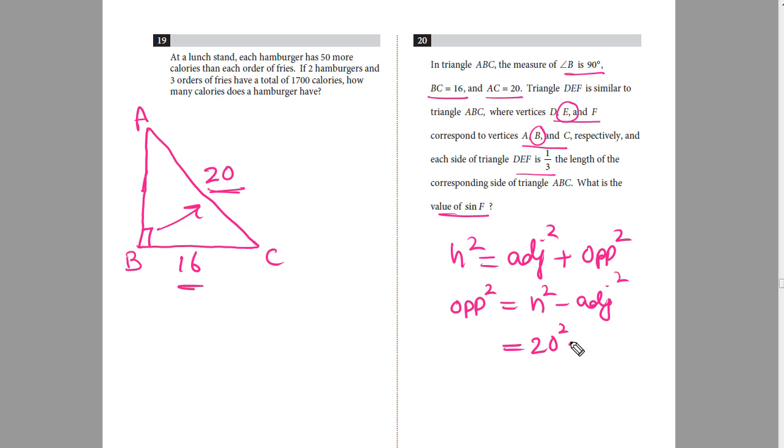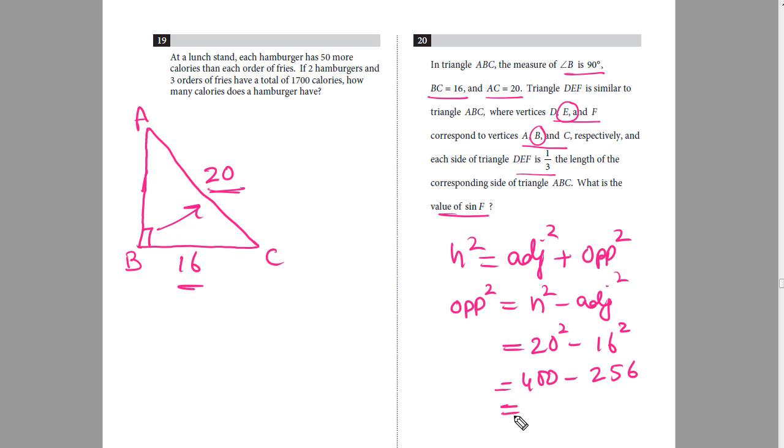Now 20 square minus 16 square. 20 square is 400 and 16 square is 16 times 16, which is 256.